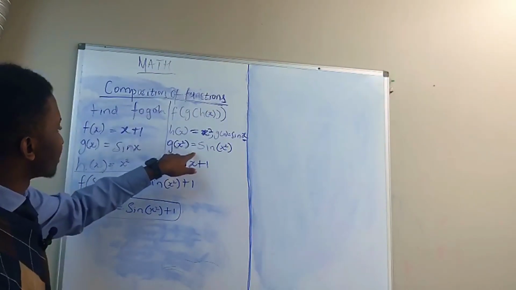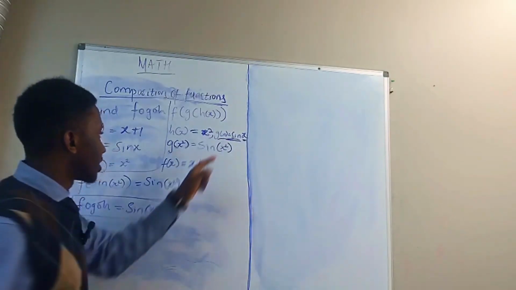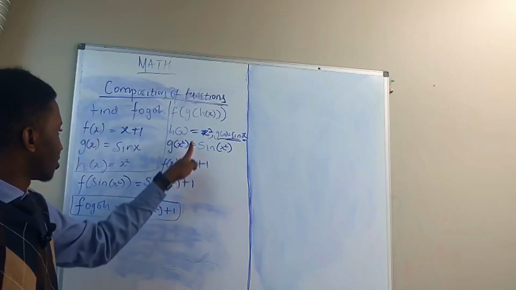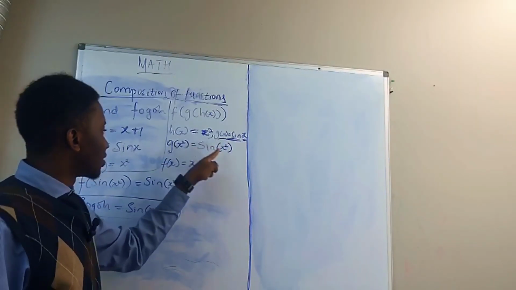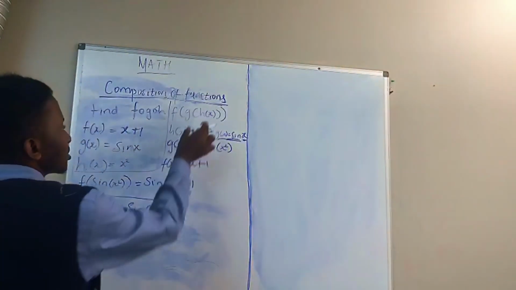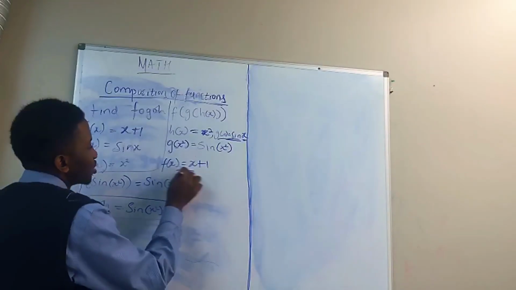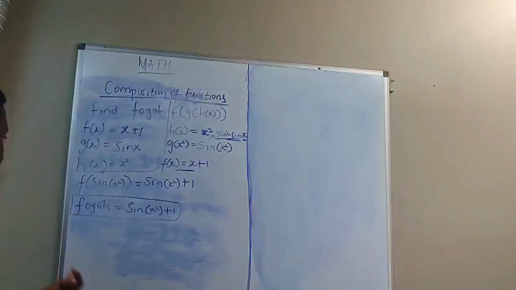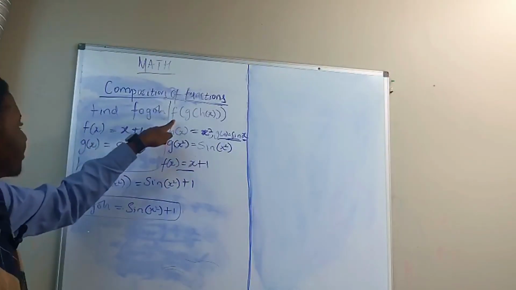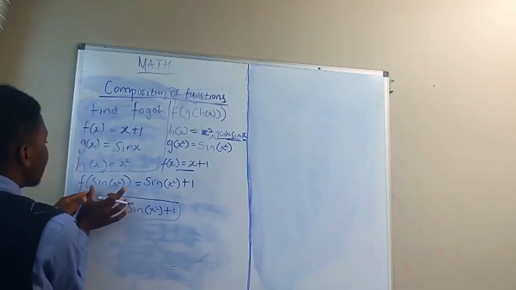So g of x squared is equal to, remember, we had g of x to be sine x. So now you substitute this value x squared into the variable x, and so we have sine of x squared. That is g of h of x. Now, f of x was given to us from the question as x plus 1. And we found that f of g of h of x is to carry this g of h of x and put it into the bracket.